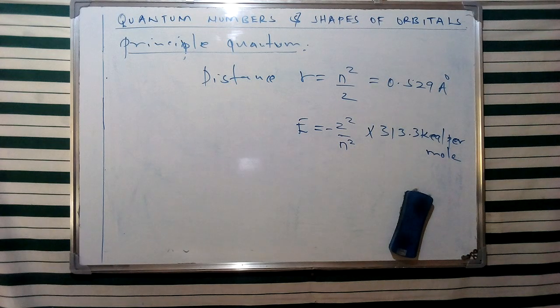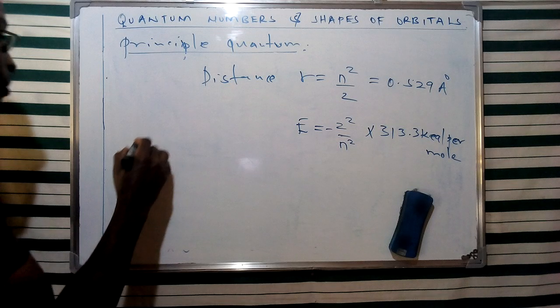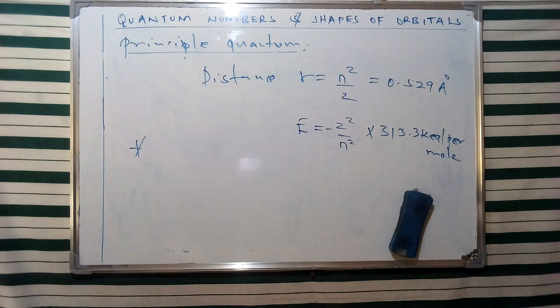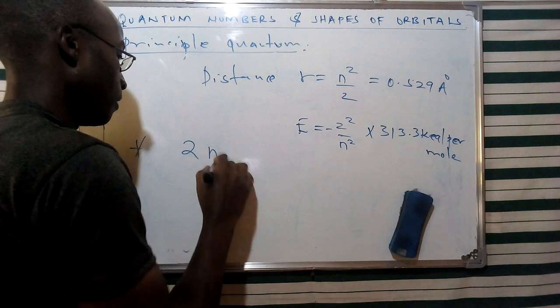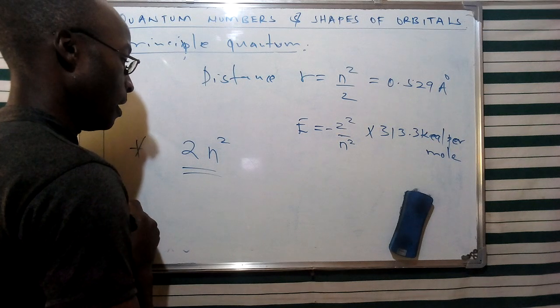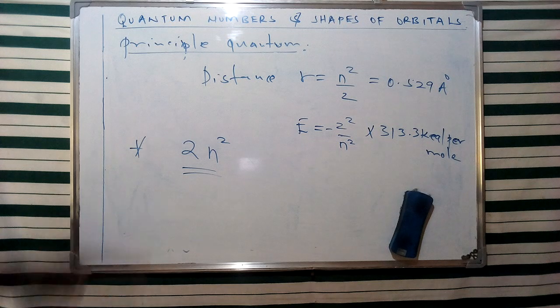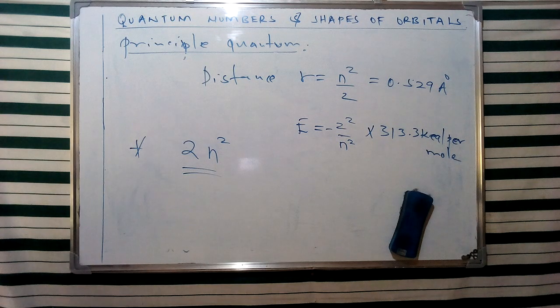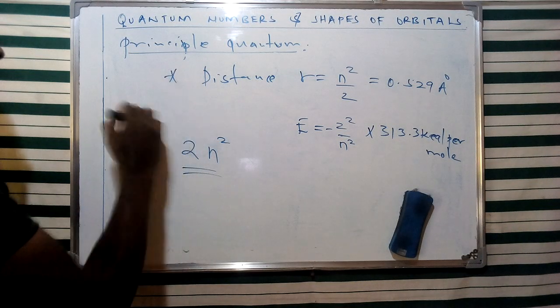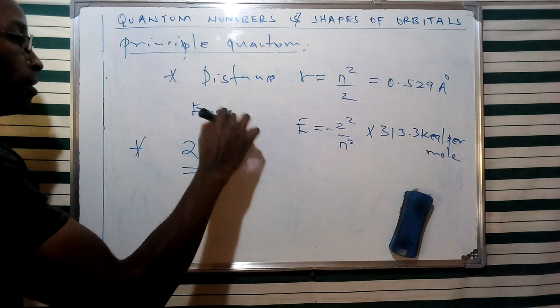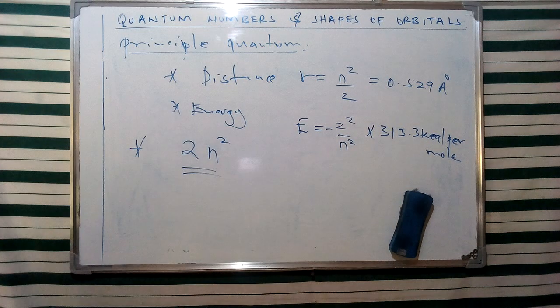Now, of course, we had come up with a specific formula to describe the maximum number of electrons in an orbit, and that's represented by the quantum number n, given as 2 times n squared. Therefore, the principal quantum number provides additional information concerning the maximum number of electrons, apart from describing the concept of energy and distance, which we have listed on the board.